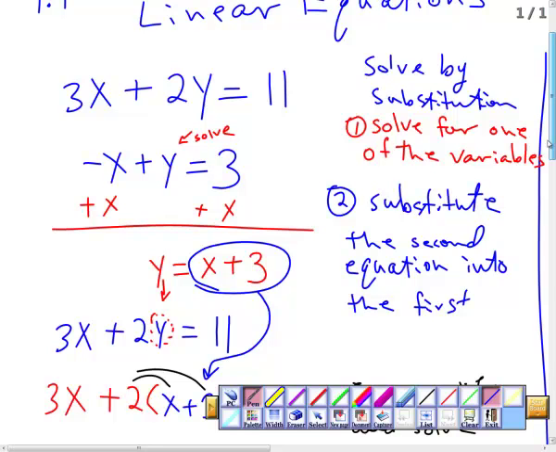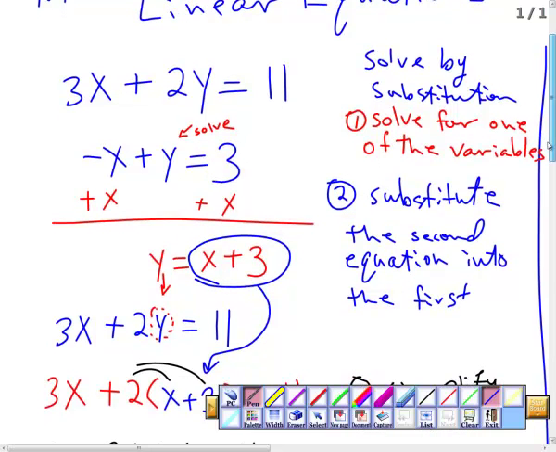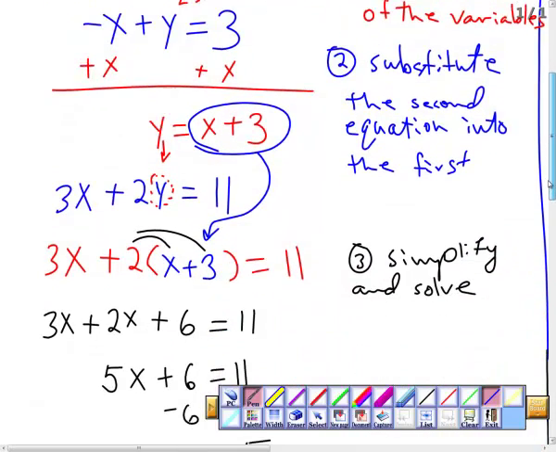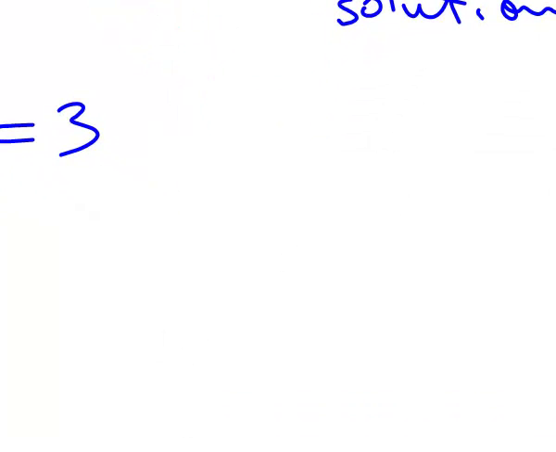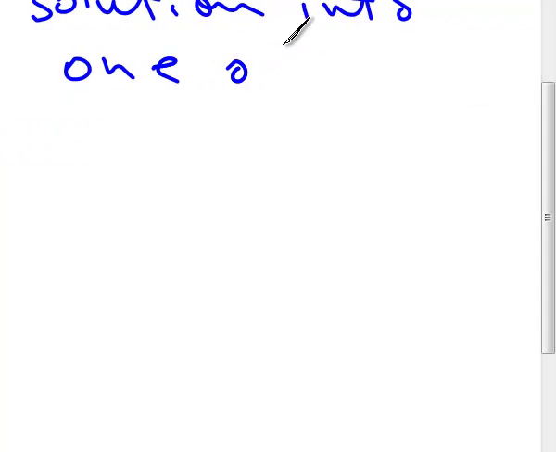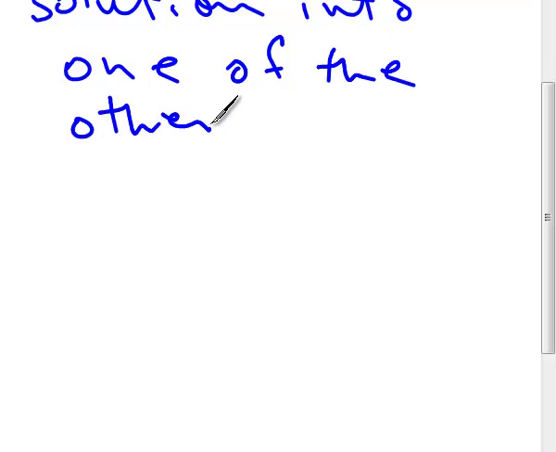And so let's say we substituted that into the second equation. So that would be negative x plus y equals 3. So we substitute the x solution into one of the other equations.